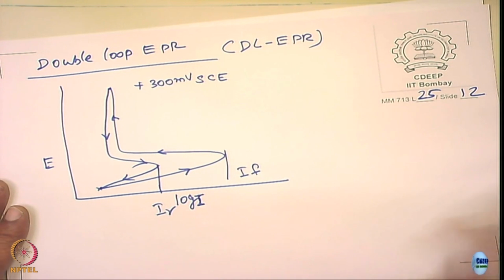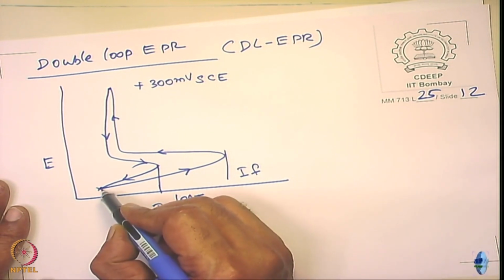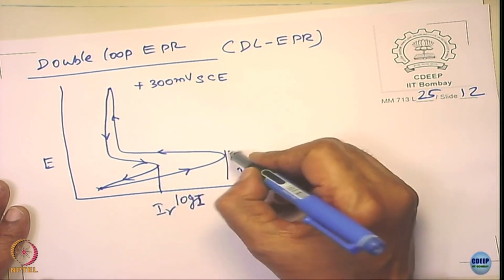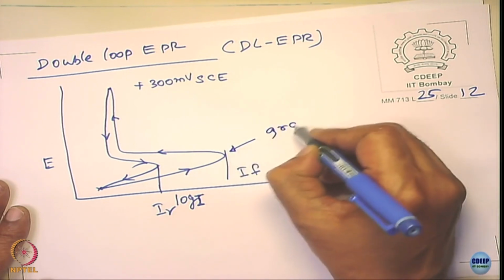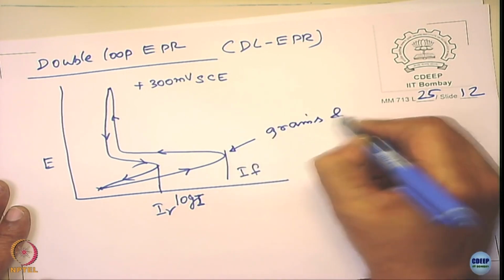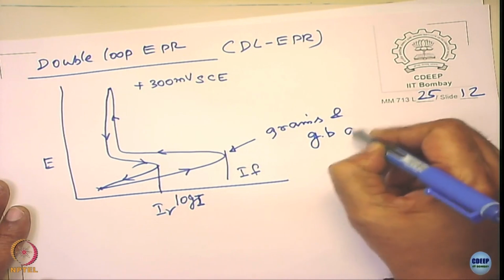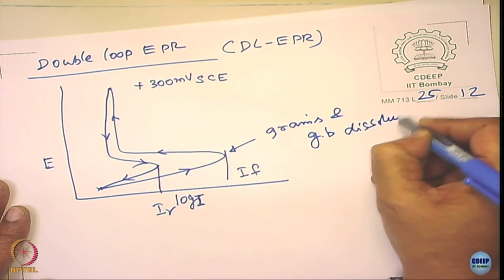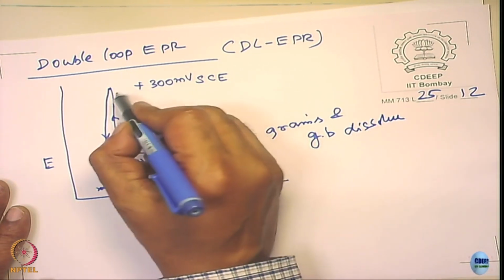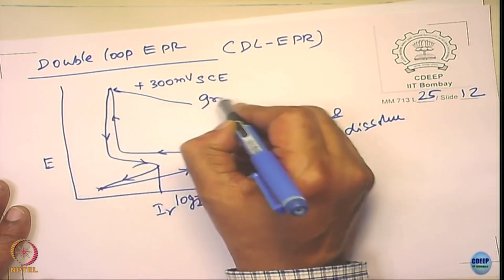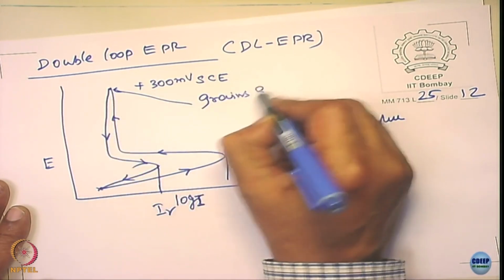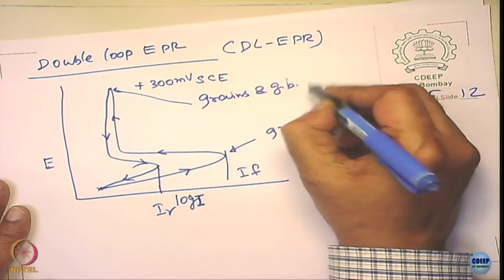Now, please notice when you scan from Ecorr up to this point, grains and grain boundary are all dissolved. Here, grains and grain boundary passivate.